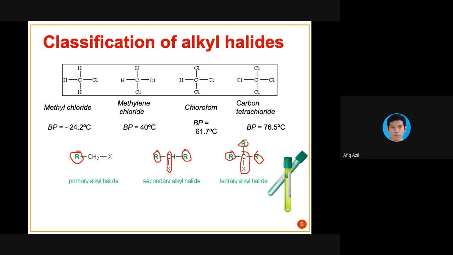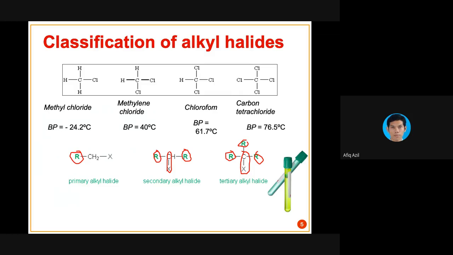Example over here, we have this methyl chloride. In this methyl chloride, only one of the hydrogens is replaced with chlorine. So this CCl, is it a primary, secondary, or tertiary alkyl halide?